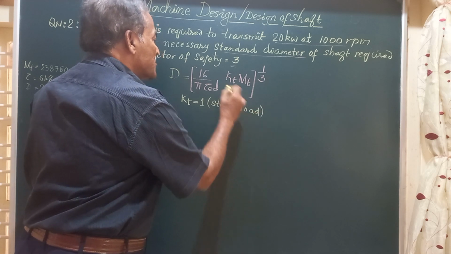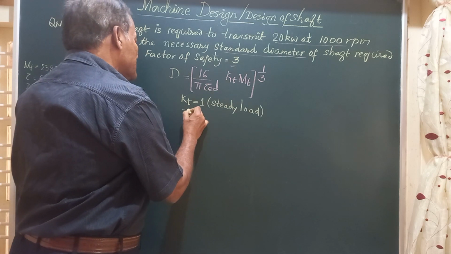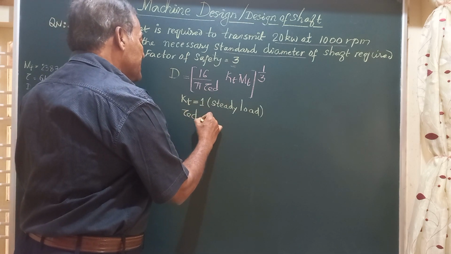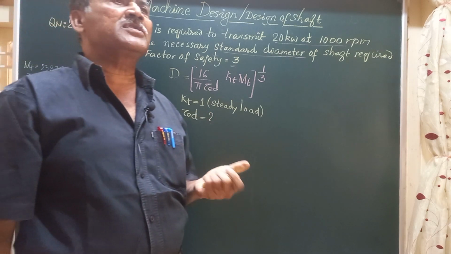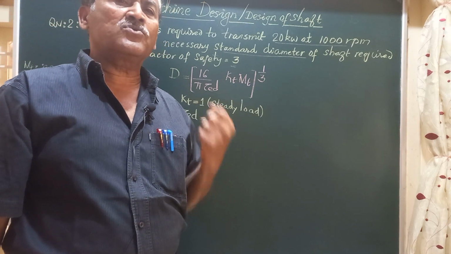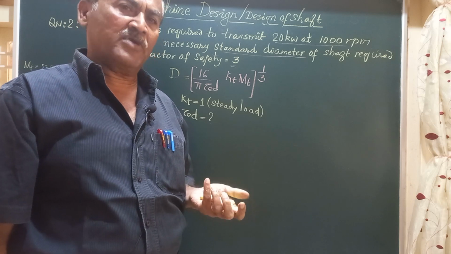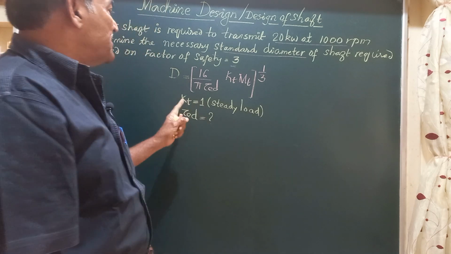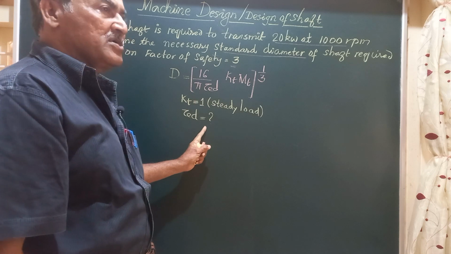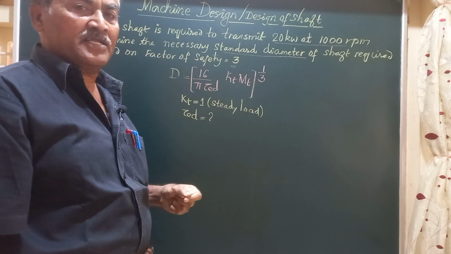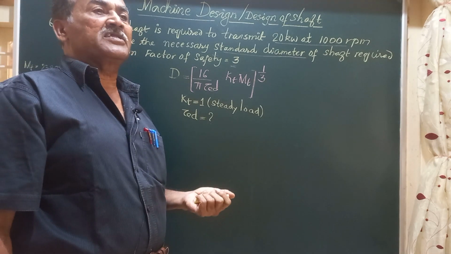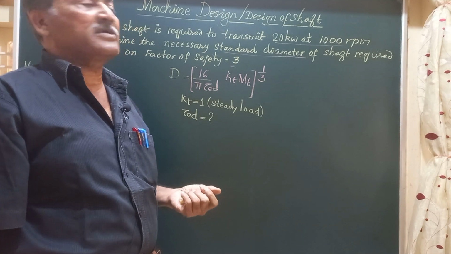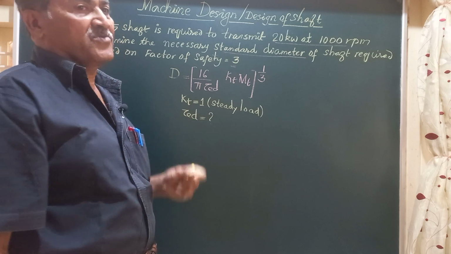Next comes tau vd. Friends, tau vd is the design shear stress that is to be found out. So, in the questions, the value of the shear stress may be given, or sometimes they specify the material to be used, like this C45 steel, or sometimes they ask you to select the material and obtain the corresponding value of this tau vd.